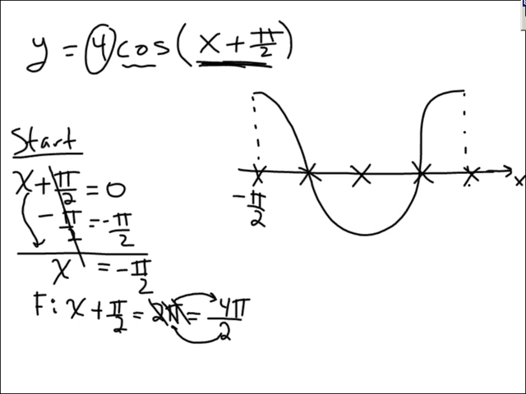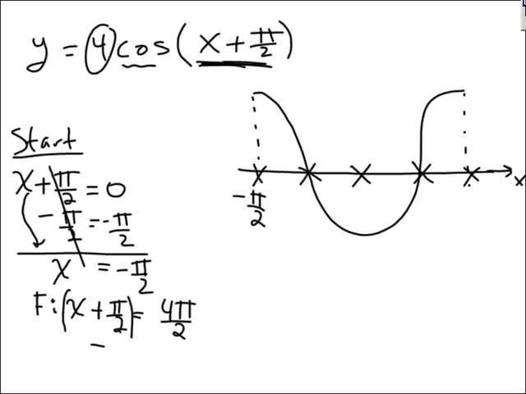So no more 2 pi. We're going to think of 2 pi as 4 pi over 2. The angle is equal to 2 pi, just another way of writing 2 pi. Whether you do it at the beginning, the middle, or the end, you're going to have to change it to 4 pi over 2. Might as well do it at the very beginning.